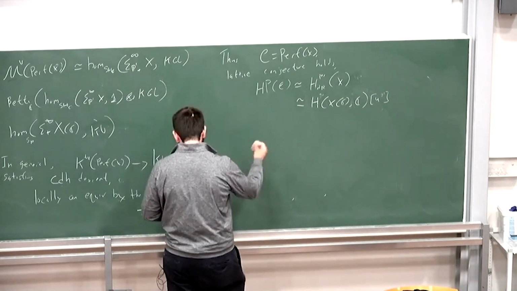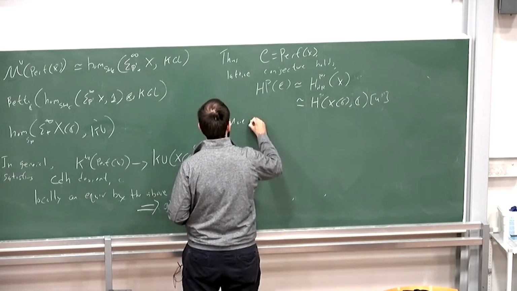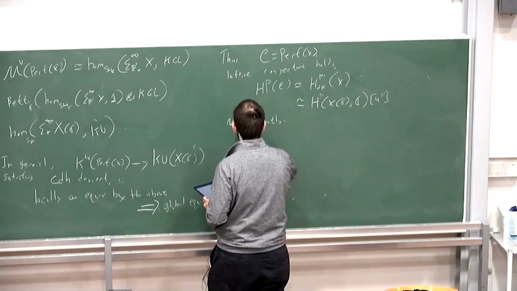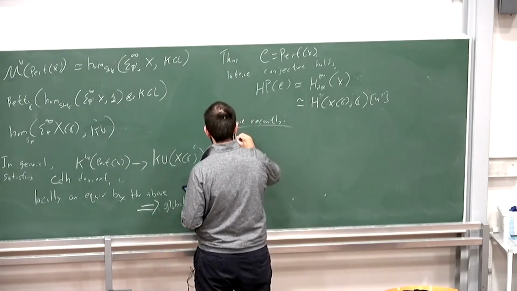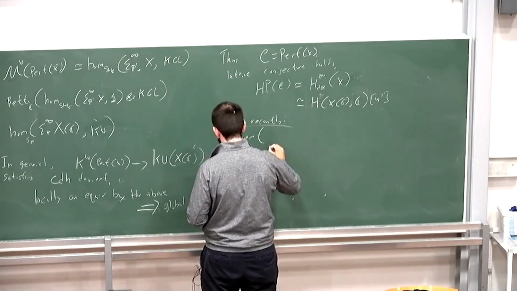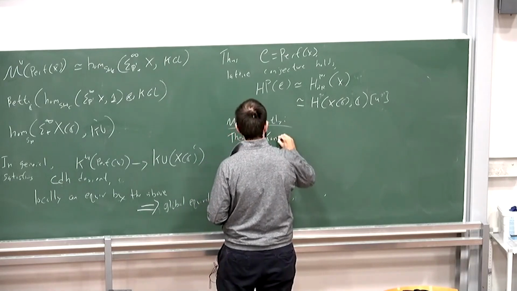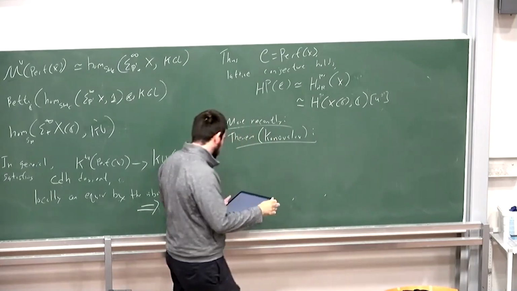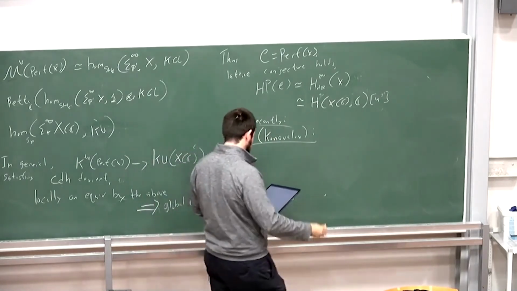Right. So more recently, let me just point out some work of Konovalov, some more examples of the lattice conjecture.